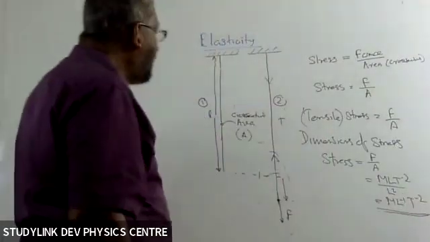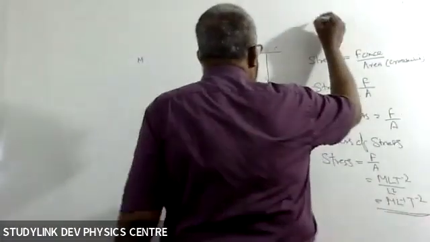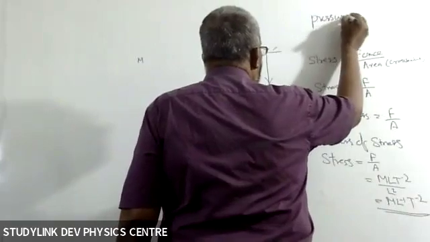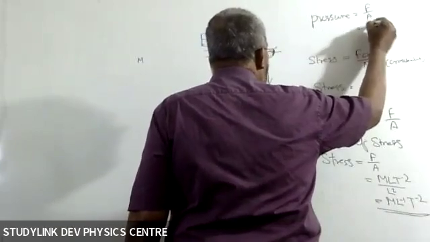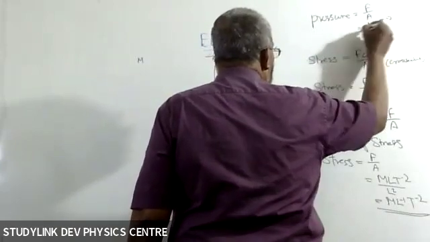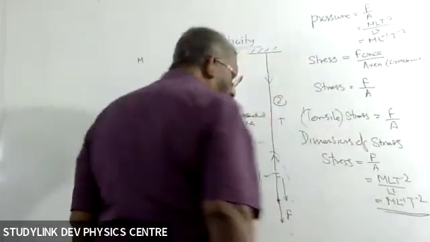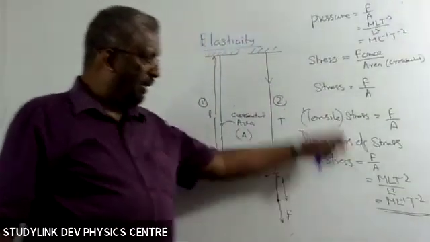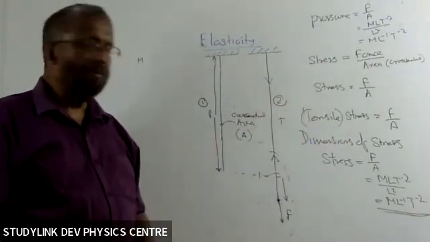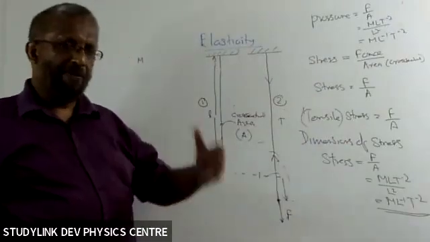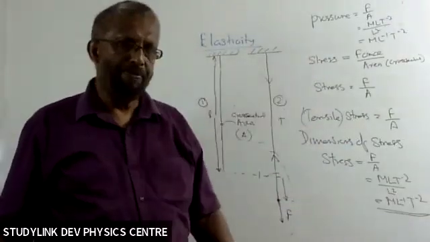Actually, this is the same dimension as pressure. Pressure is also F over A, so you get the same mLT^-2 divided by L squared, then mL^-1 T^-2. For MCQs, they might give you such questions: which of these has the same dimensions? One choice might be stress and pressure.